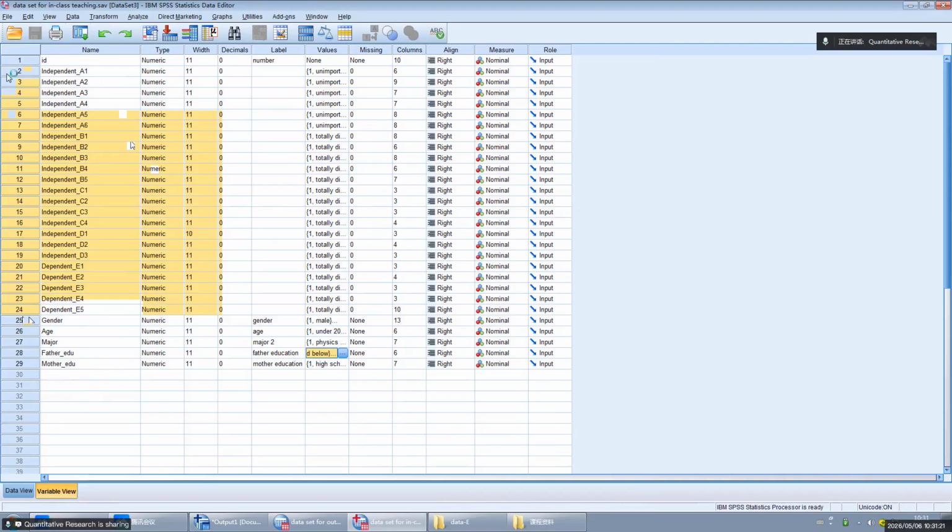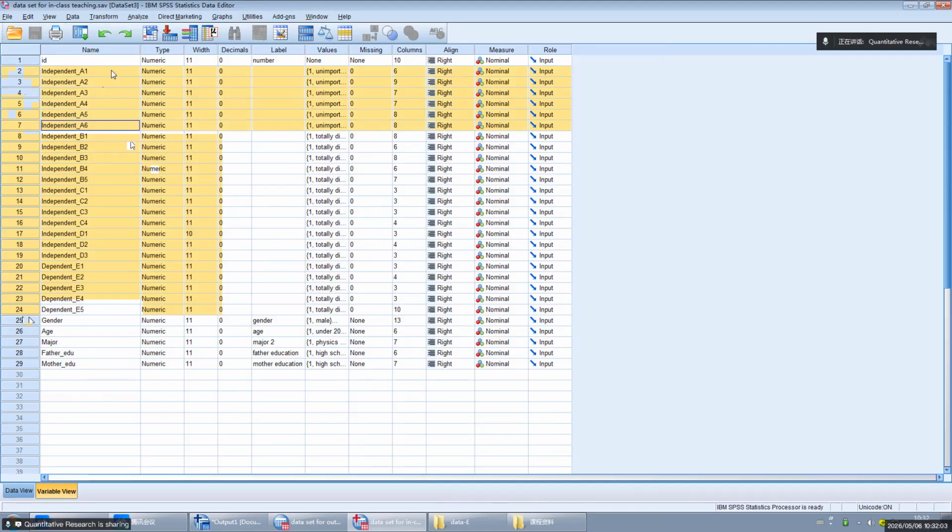Okay. So now when I say A, where is the data that can represent A? We have only A1 to A6, right? But now I'm going to use A. How to represent A?